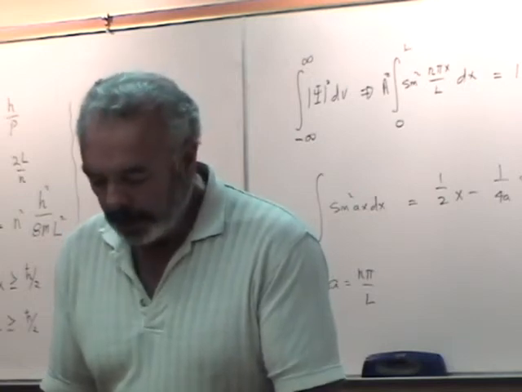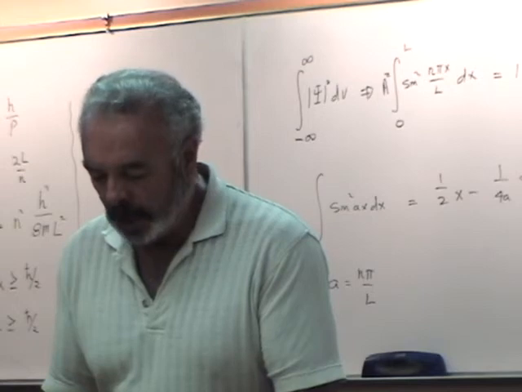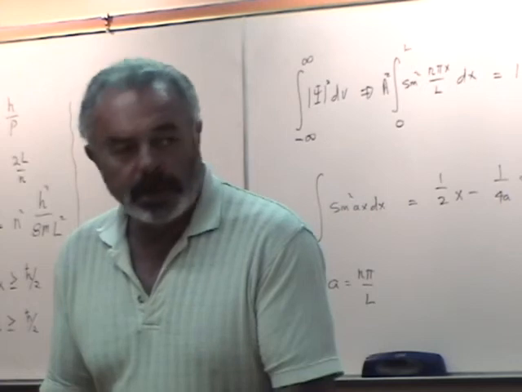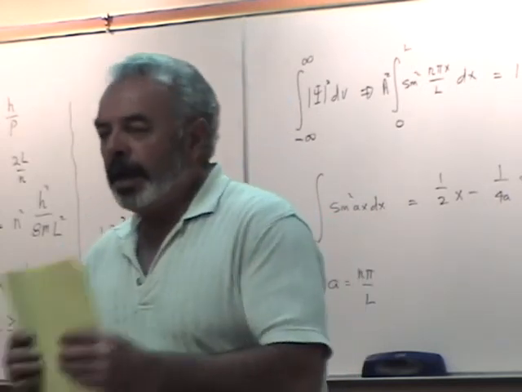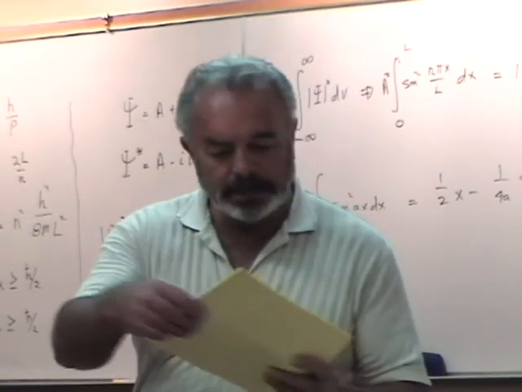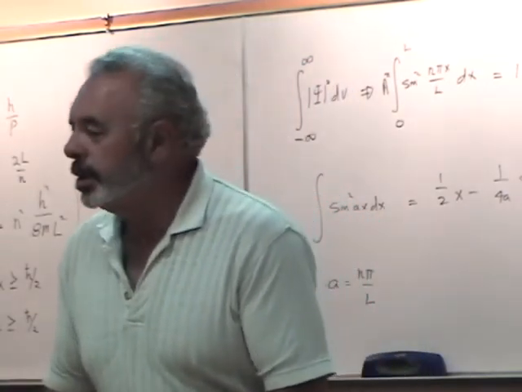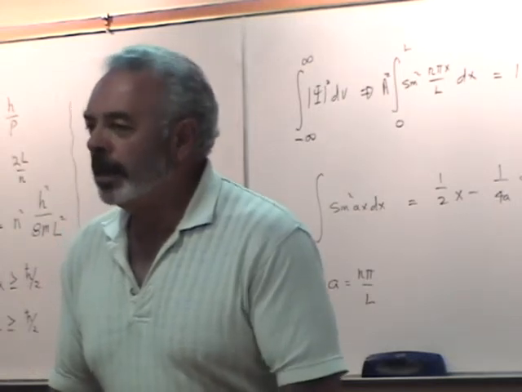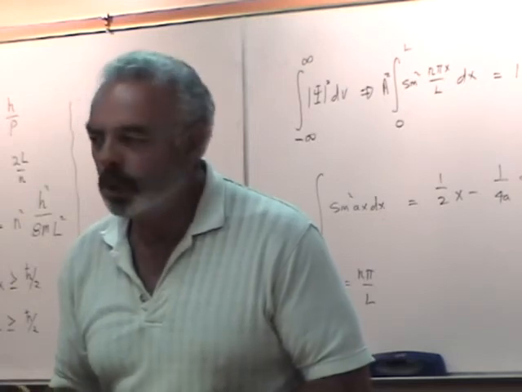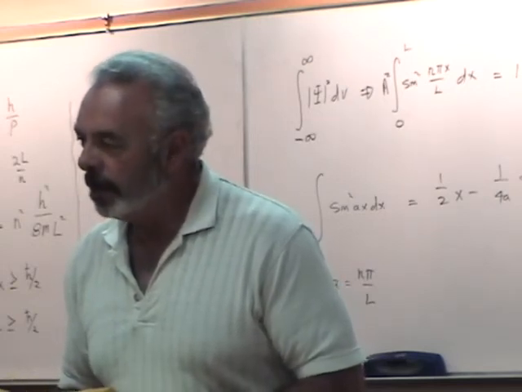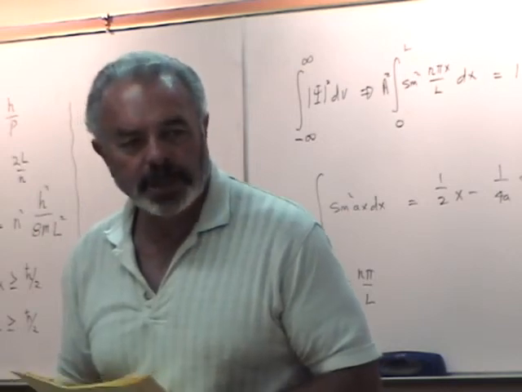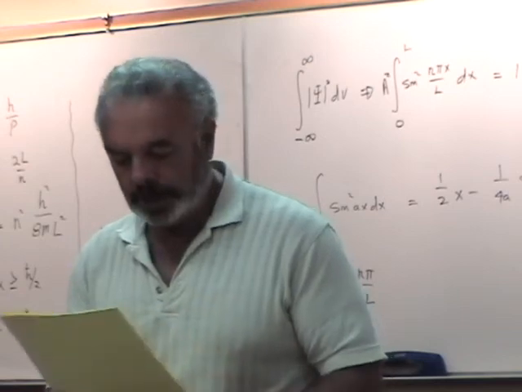Second question says, find the expectation value of the position of the particle trapped in the box L wide, for the ground and first excited state. And then, I didn't quite know how to emphasize this, so I wrote at the bottom, discuss your solutions. And by that I mean compare them to each other and compare them to what you might have expected. That's what I was thinking when I wrote discuss your solutions.